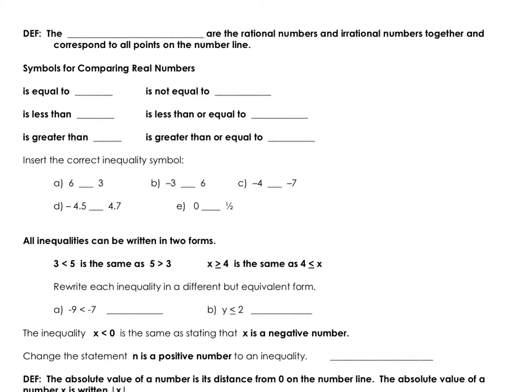So, if we combine the set of rational numbers and irrational numbers together, we get the set of real numbers. Every real number corresponds to a point on the real number line. Every point on the number line corresponds to a real number.